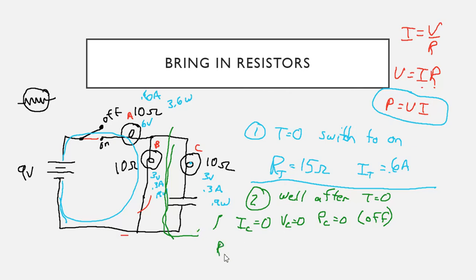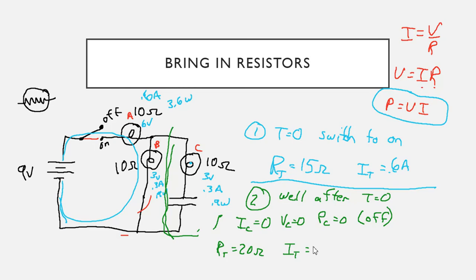So I'm going to have a total resistance of 20 ohms, which means I'm going to have a total current. So now the current's going to go down because I have less paths, right? As soon as we add paths, it is easier for charges to flow. Resistance goes down, current goes up, but I've taken a path away. So now the resistance actually goes up mathematically, and therefore the current's going to go down.